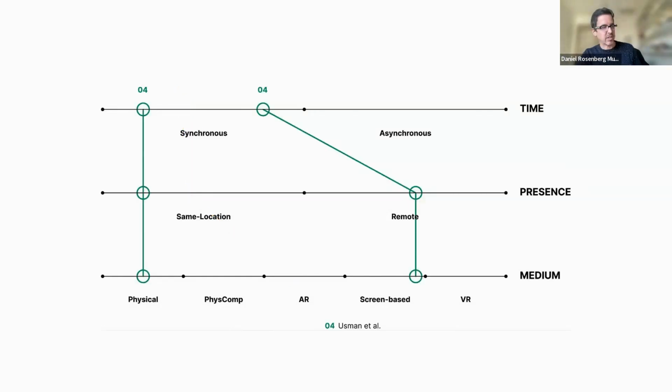The fourth paper has two chords, like when you touch one string a couple of times. What really interests us from the first one is that there's this virtual game played remotely, screen-based. We put it close to VR, but it was based on a screen, although it was an immersive game.